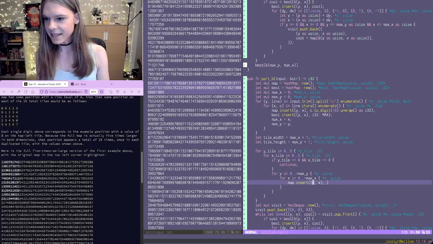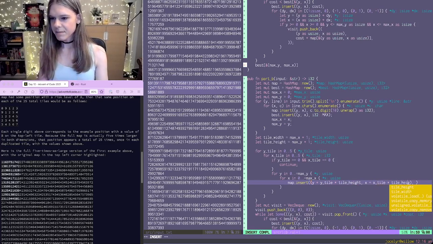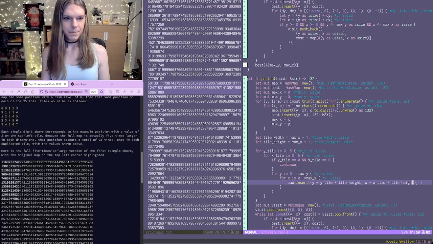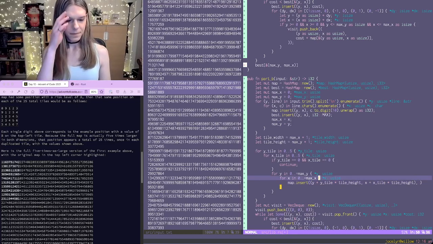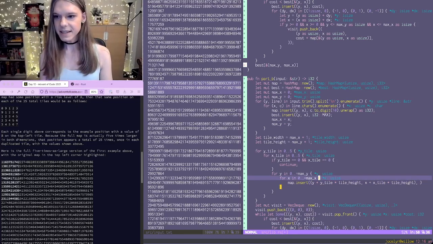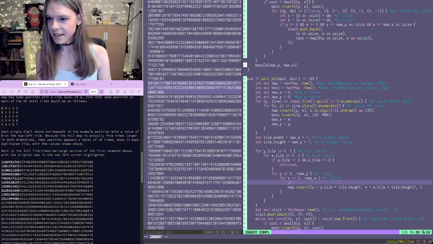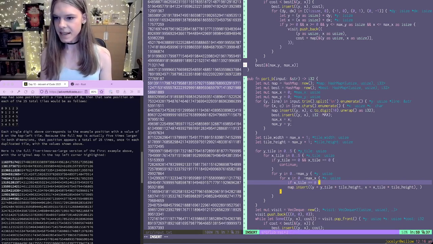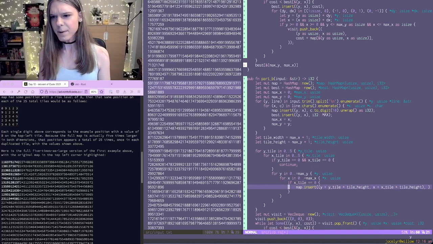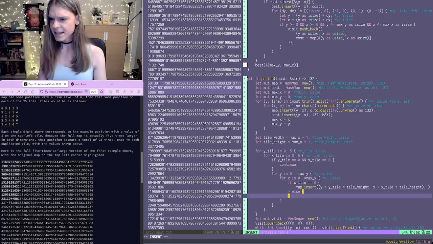Anyway, it's y plus y tile times tile height, and x plus x tile times tile height. So I'm just going to special case the left side and otherwise do it to the tile to the left. So if x tile is equal to 0, then we'll look at the tile above it, otherwise we'll look at the tile to the left.